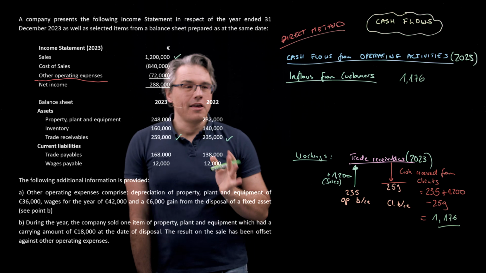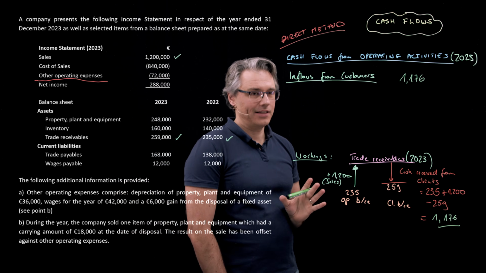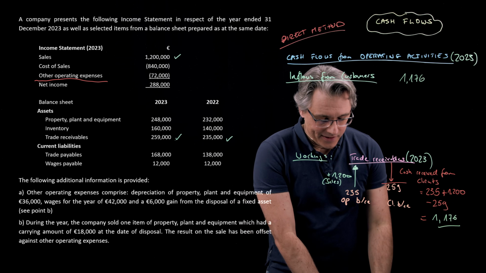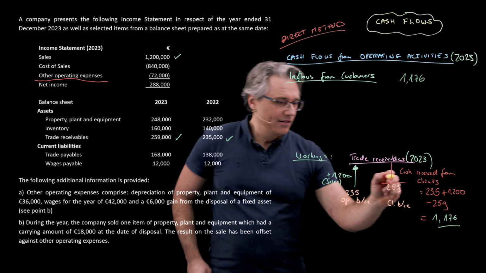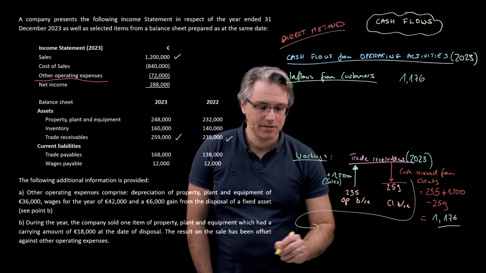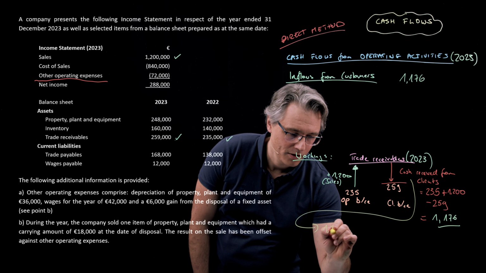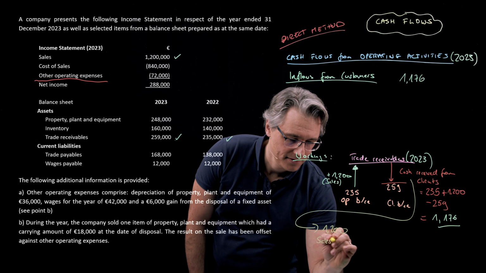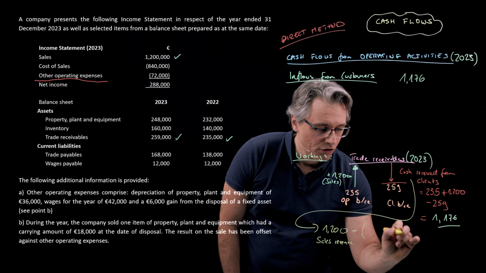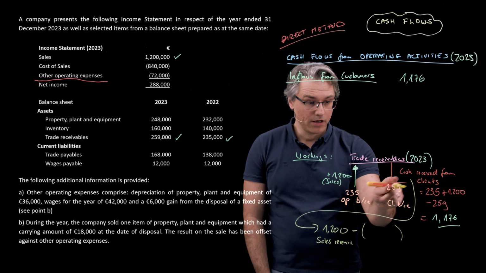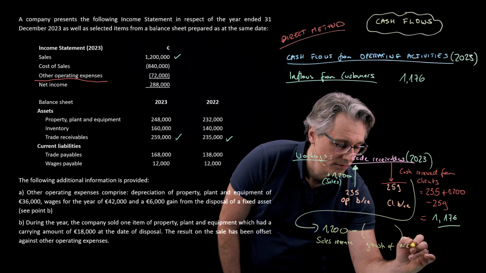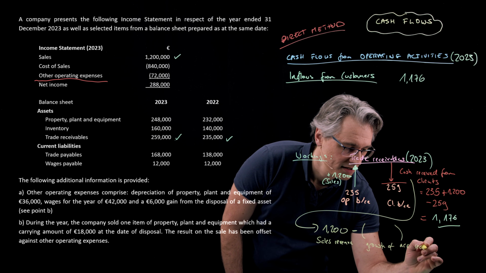Alternatively, I could have said, and this is just an easy shortcut, that this figure may be computed as whatever we had for sales, 1,200,000. So sales revenue minus the growth in our accounts receivable, or trade receivables account.